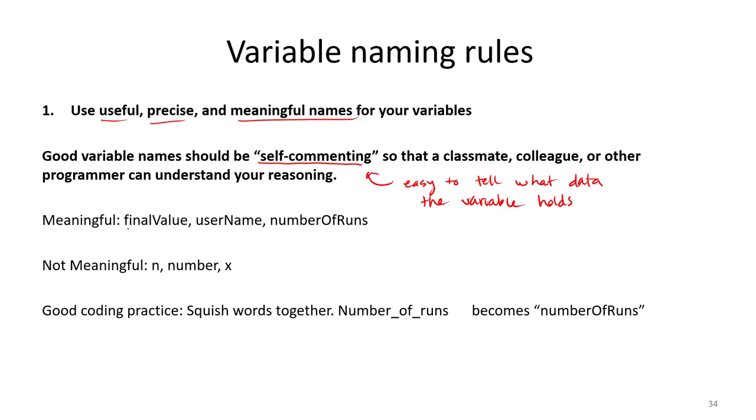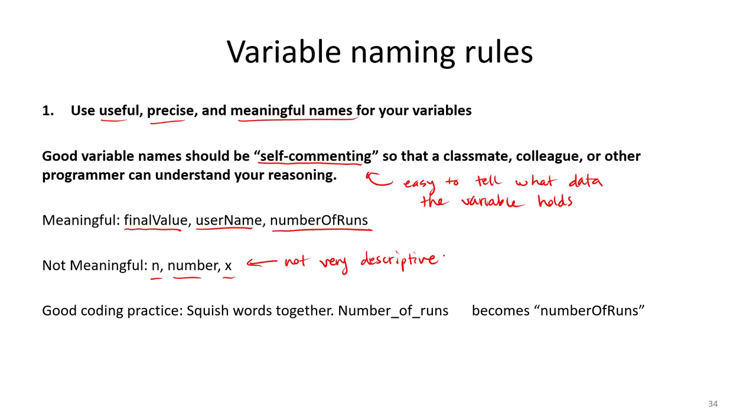For example, names like finalValue, userName, numberOfRuns. It's very clear what that variable is holding. If you simply name your variable n, number, or x, these are not very descriptive. In fact, if I were to see a single letter as a variable name, generally I would deduct points for that because that's not a good practice.